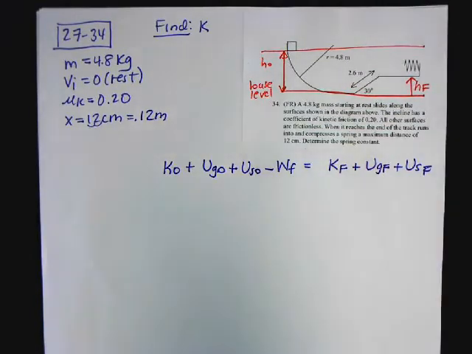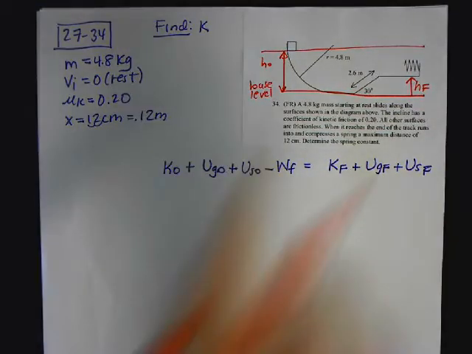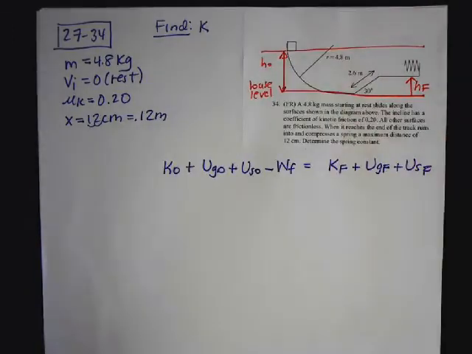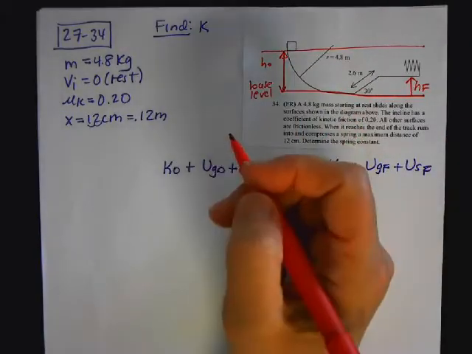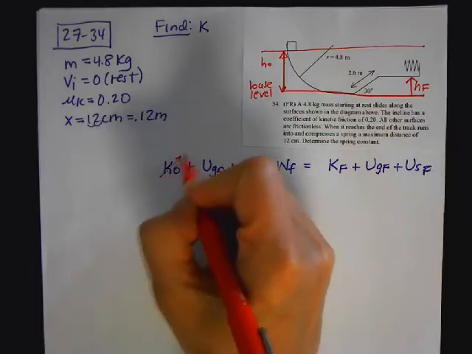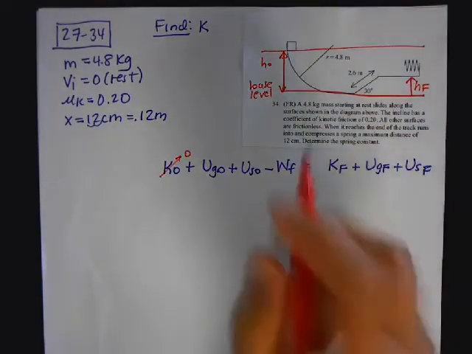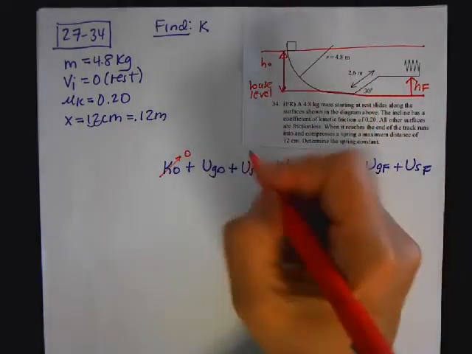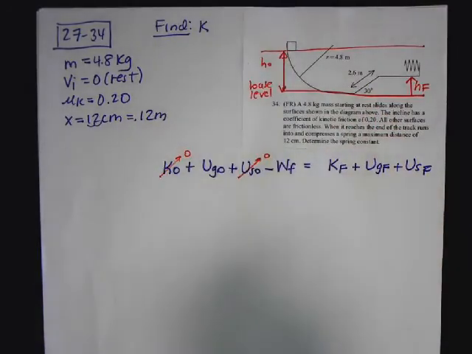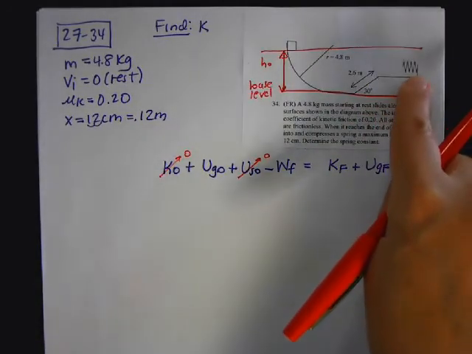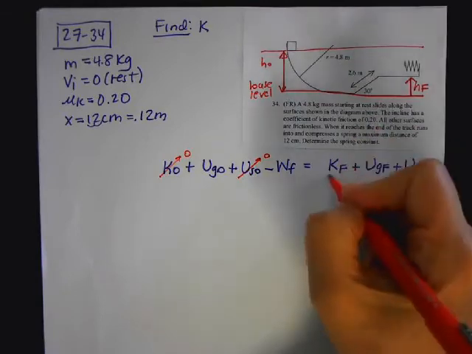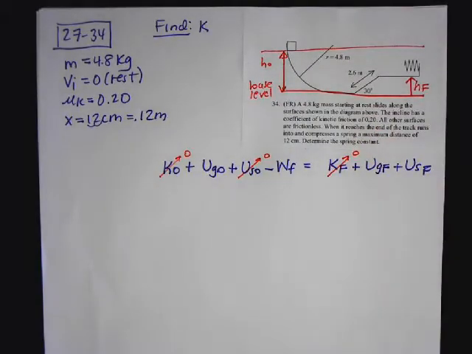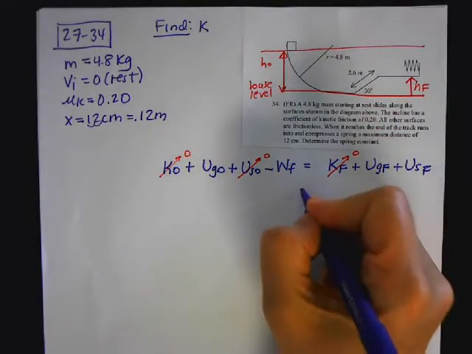Now what I might do first is say, okay, this is right here at the top, right? At the top, I know that it's at rest, so the kinetic energy is 0. I know that the spring isn't compressed, so that goes to 0. And at the end, it comes to rest when the spring is compressed, so this also goes to 0. Now I'm going to substitute in my values.